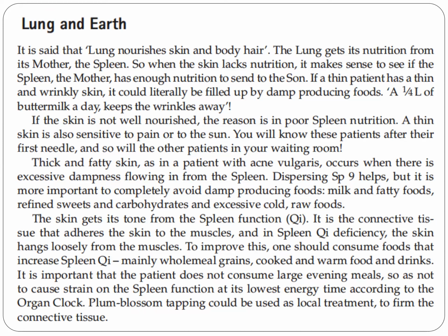If a thin patient has thin and wrinkly skin, the spleen could literally be filled up by damp-producing foods. A quarter liter of buttermilk a day keeps the wrinkles away. Wow. If the skin is not well nourished, the reason is poor spleen nutrition.